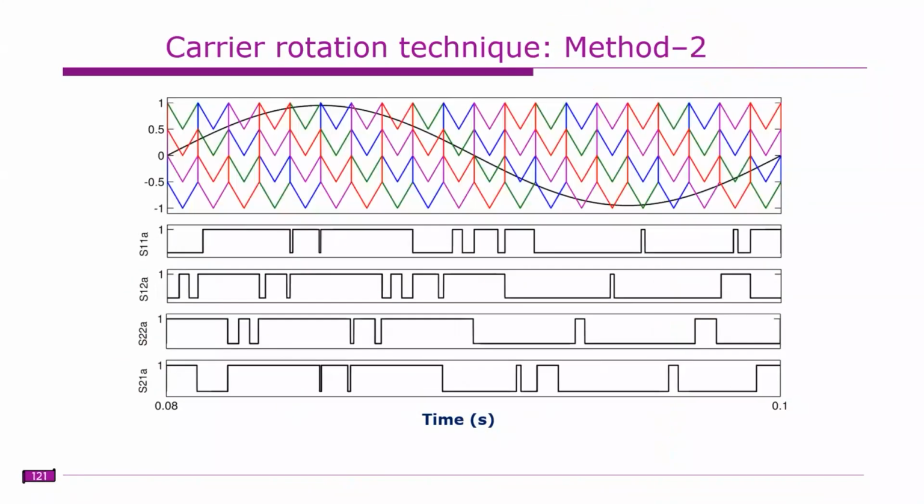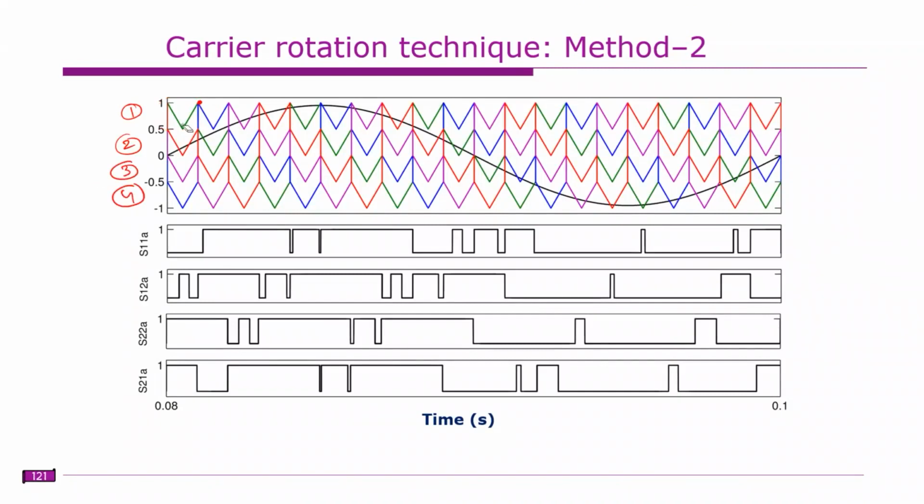Similarly, we have method 2 of carrier rotation, right? Here you have only one fundamental cycle. In that cycle, at the end of each carrier period, this is the first band, second, third, and this is the fourth band.